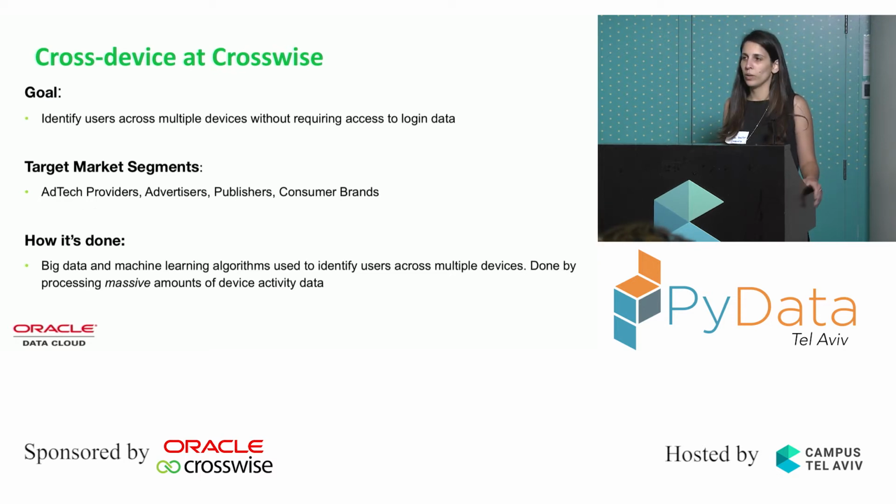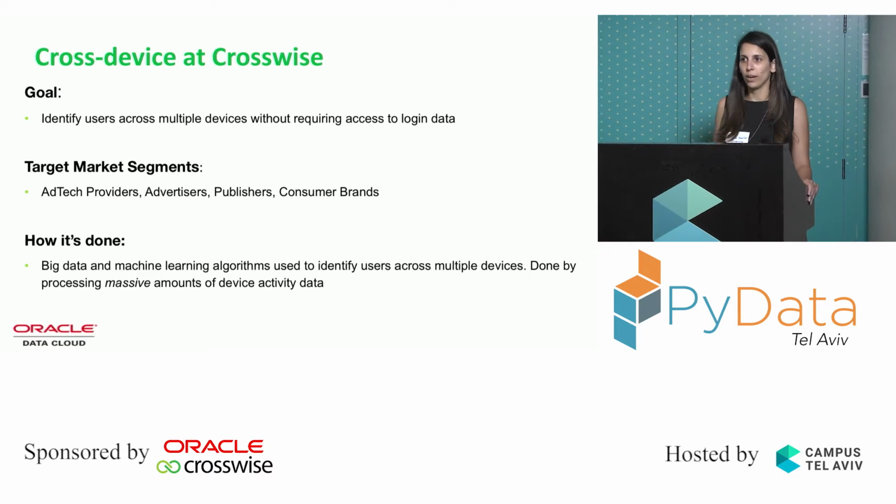So what we do in Crosswise is we try to identify that multiple devices belong to the same user or to the same person. And the reason we do it, I think that anyone who works in the advertising or marketing business can think of a bunch of use cases, but one simple use case: think about all the ads that you see on your mobile phone.